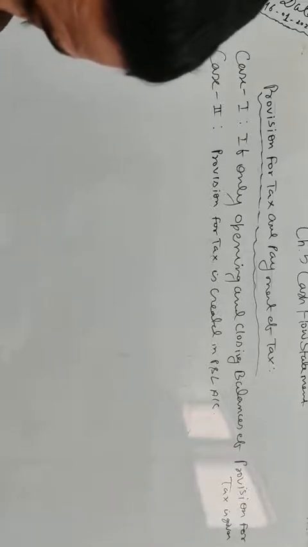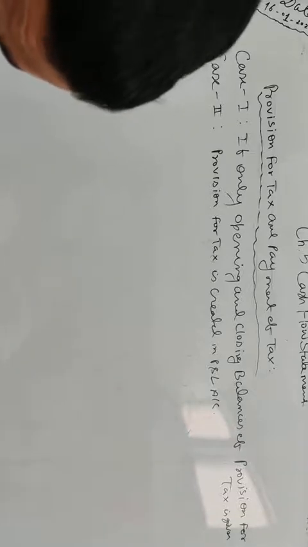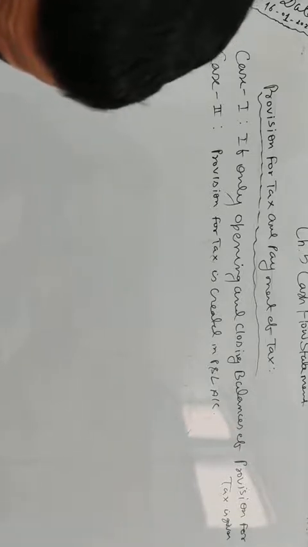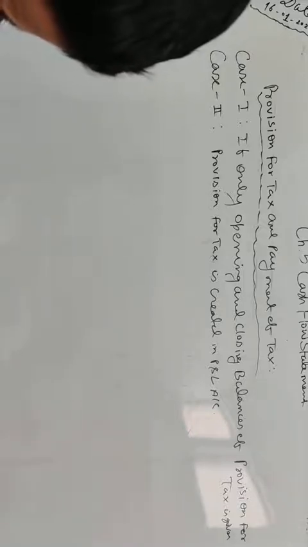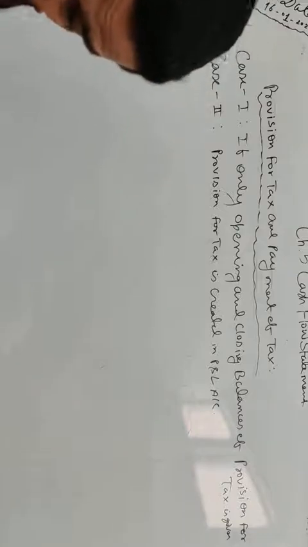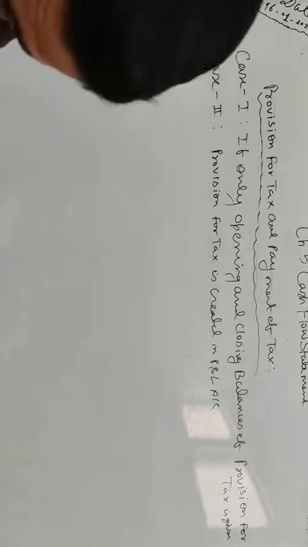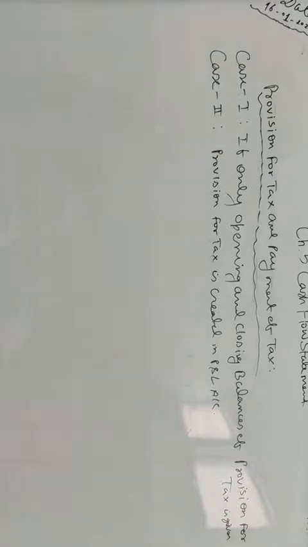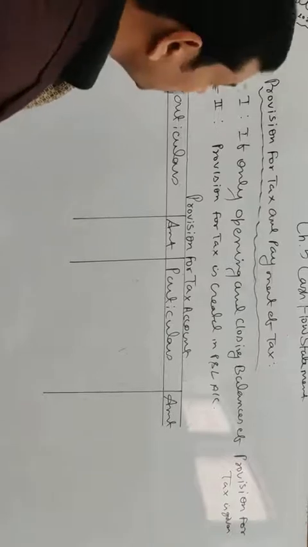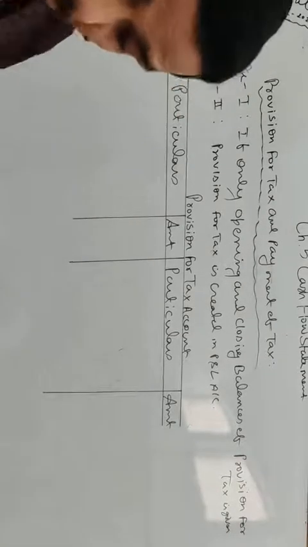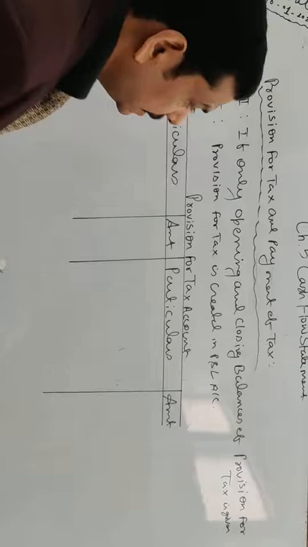In that case, what will you do? In this situation, what we have to do is prepare a provision for tax account. Clear? So I am preparing the provision for tax account. Okay, now see, I have prepared the provision for tax account and we are going to solve example 29.